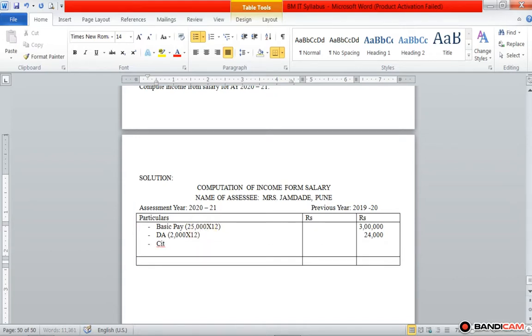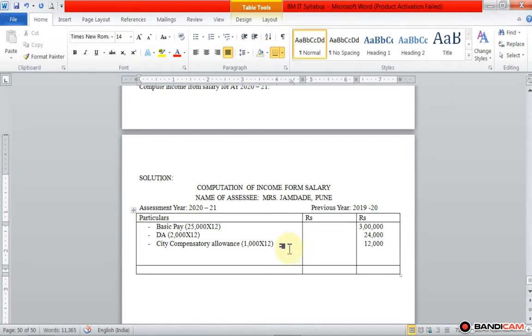City compensatory allowance amounting to rupees 1,000 per month, so 1,000 multiplied by 12, we get 12,000.